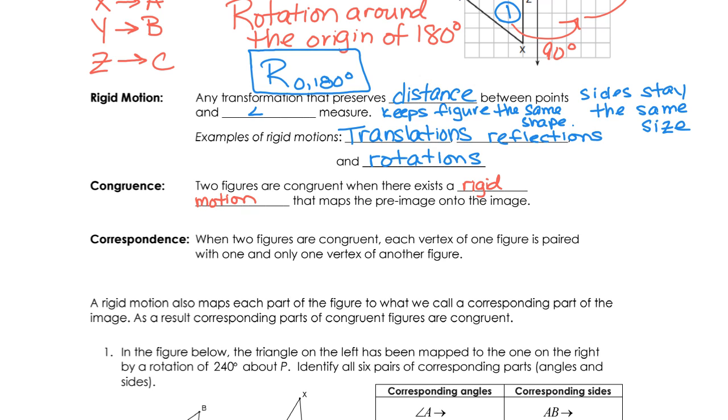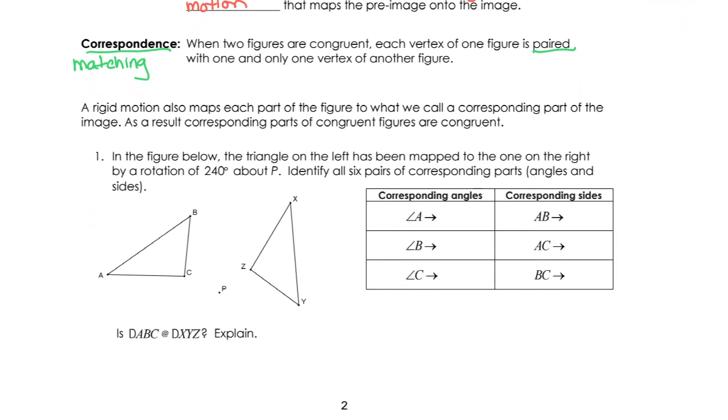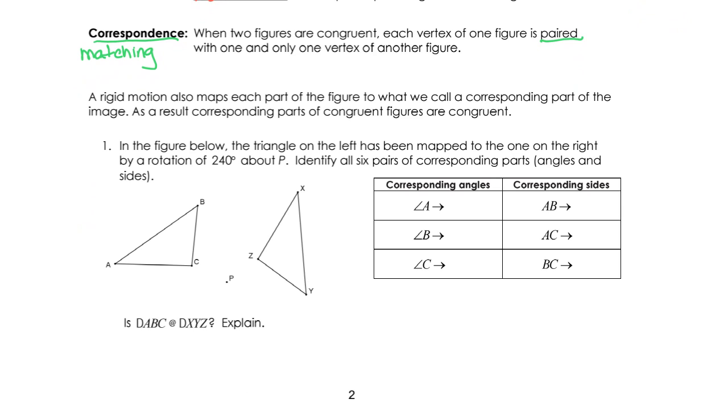Okay. Correspondence is kind of like a matching game. Correspondence just means matching. When 2 figures are congruent, each vertex of one figure is paired or matched with one and only one vertex of another figure. Down below here, it says that a rigid motion also maps each part of the figure to what we call a corresponding part of the image.